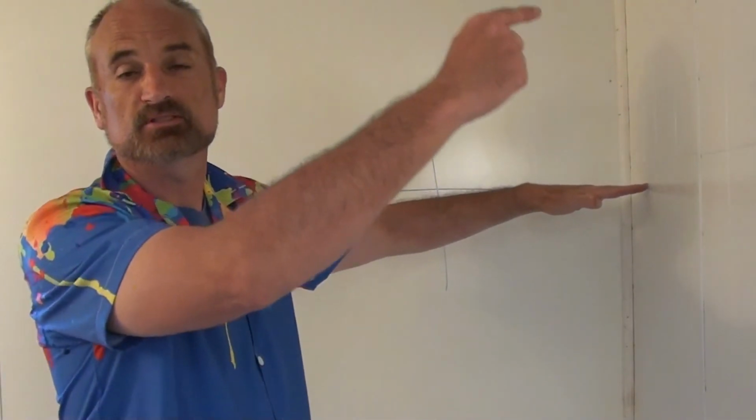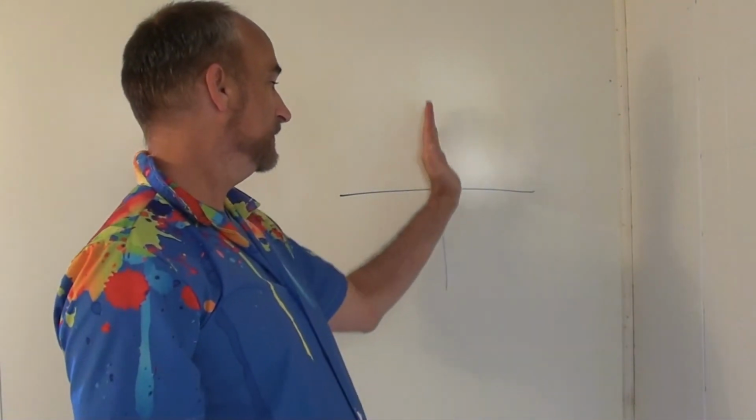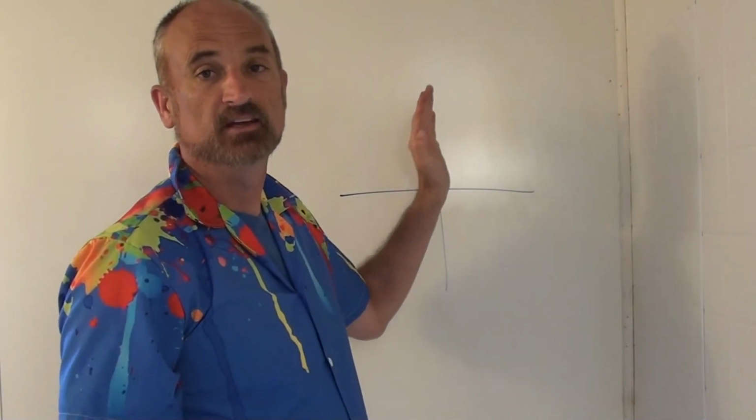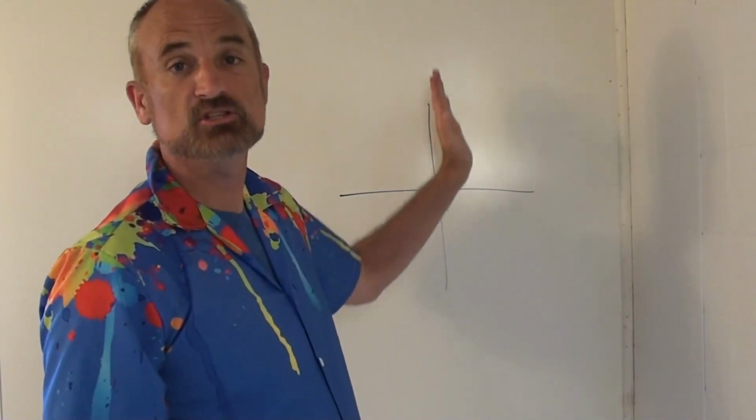We're going to input something into the equation to get the output. We're going to look at this not only as the dependent variable, but as the range.